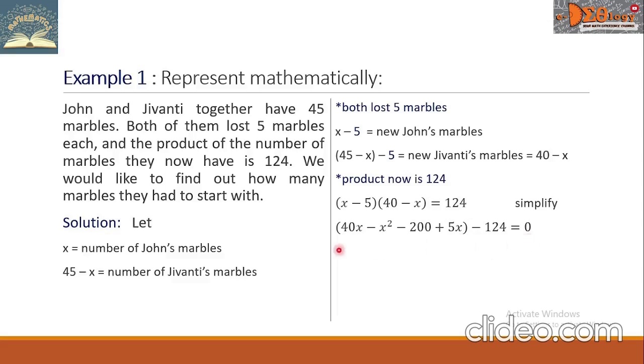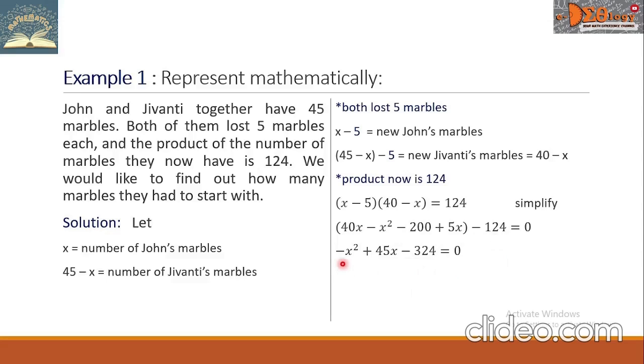We now remove the grouping symbol and we combine like terms. We write first the negative x squared, then we combine 40x and 5x, which becomes 45x. This negative 200 combined with negative 124 is negative 324 equals 0.